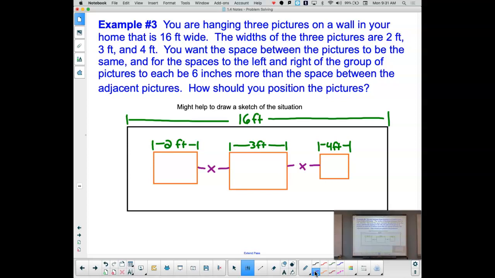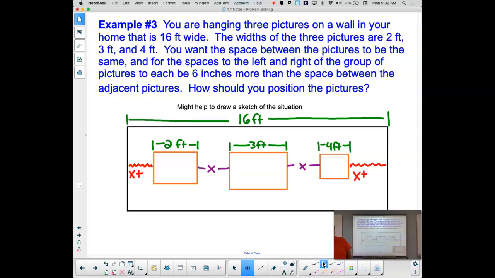And the spaces to the left and the right, so this space here and this space here, to be 6 inches more than the space between the adjacent pictures. So that means that this is going to be X plus something. And this is going to be X plus something.